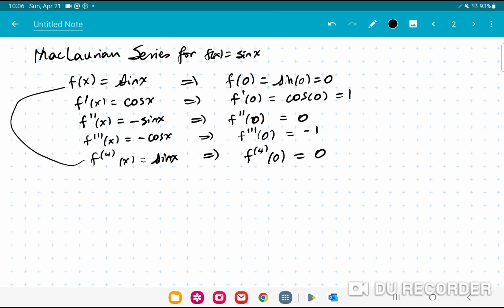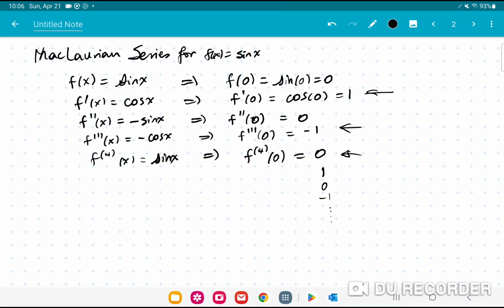Now we're back to this spot. So the next derivative would be this one, and so forth. So it looks like we're repeating these four numbers: 0, 1, 0, minus 1, and so forth. When n is even, we get 0. When n is odd, we get either 1 or minus 1.